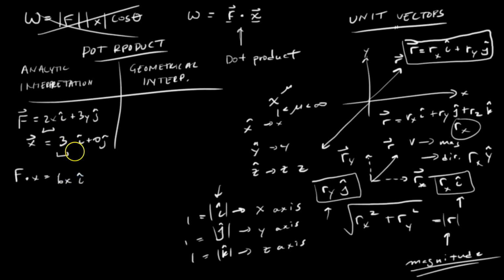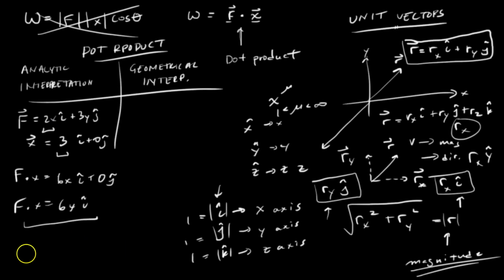So as you can see, we're multiplying the components, and this is essentially the dot product. And for the j hat, we're going to multiply 0 times 3y, so it's just 0 in the j hat. So this is just equal to 6x in the i hat. That's F dot x. So the dot product is fairly easy, we just multiply the components.